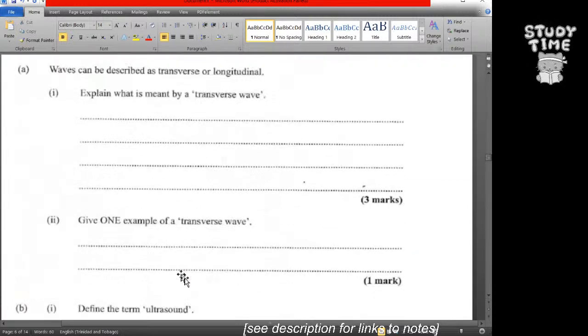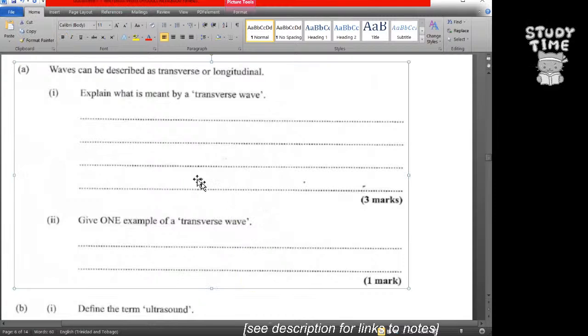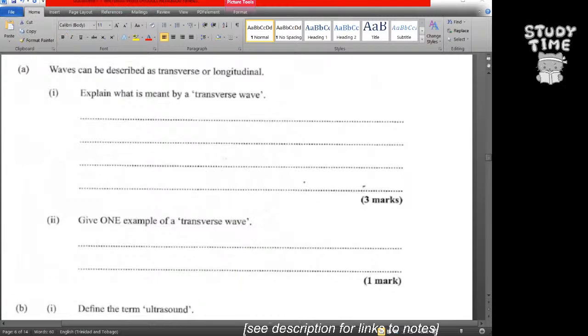Alright, let me see question 3. Waves can be described as transverse or longitudinal. Explain what is meant by a transverse wave. Give one example. Well, we went through this in the stream.